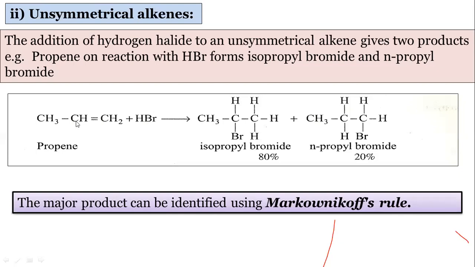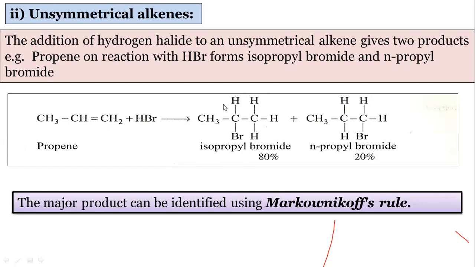See this carbon carefully, only one hydrogen is there. So this bromine is added here, to carbon number 1 or carbon number 2. So the major product will be isopropyl bromide, or IUPAC name 2-bromopropane.